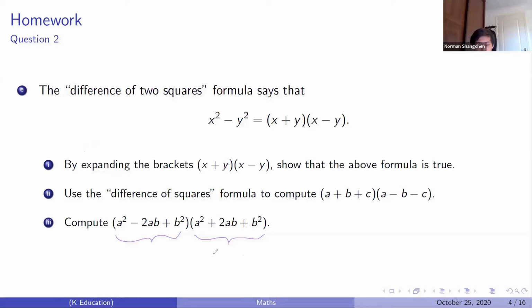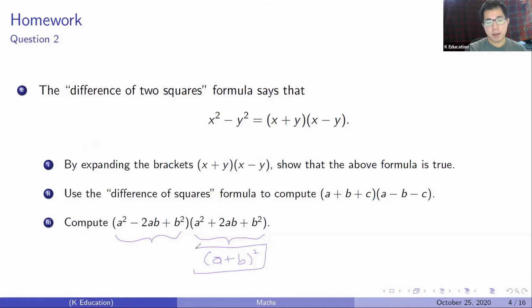No, there's no square, it's just a plus b, all squared. Okay, now that you've done that, can you guess what the first bracket would be? A minus a plus b squared.